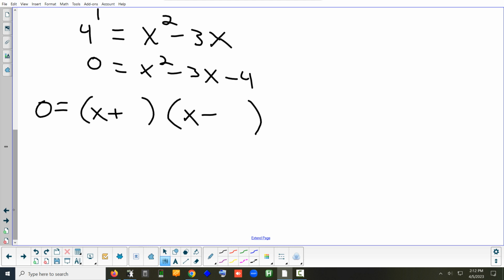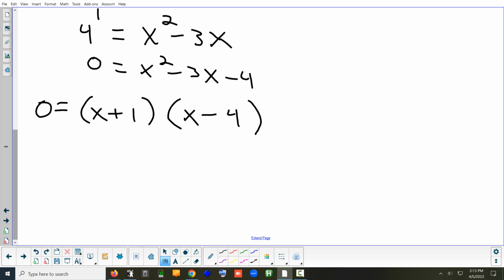And we need 2 numbers that multiply to give me 4 and subtract to give me 3. Four and 1. You want to put them in that order, or do you want to do 1 and 4? Try 1 and 4. Let's try 1 and 4.